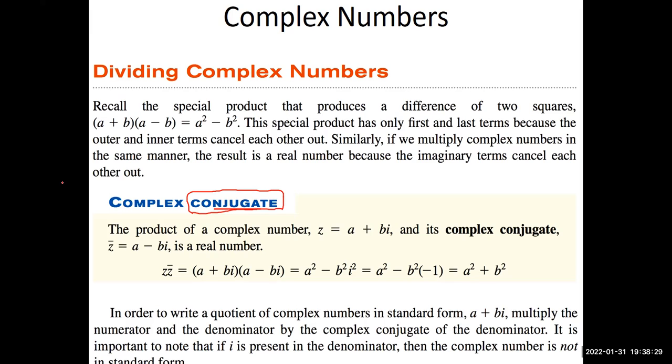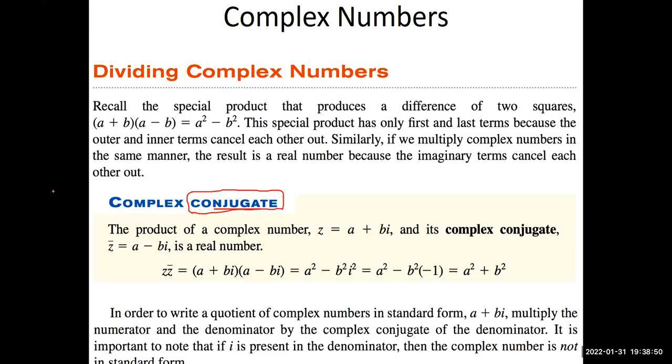This special product has only the first and last terms because the outer and inner terms cancel out, so they become zero. Similarly, if we multiply complex numbers in the same manner, the result is a real number because the imaginary terms cancel each other out.